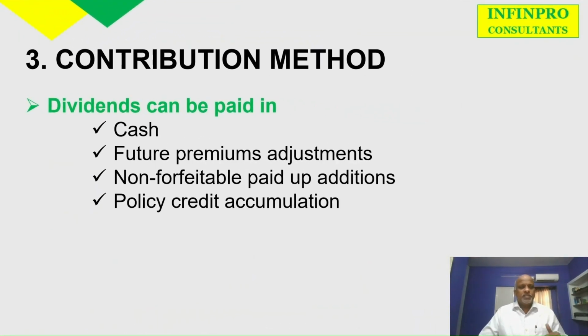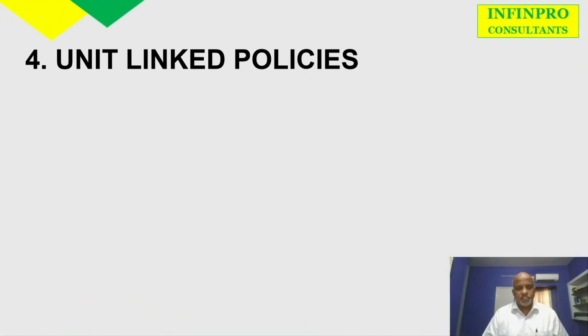So let's understand more on the contribution method. We are moving from bonus to contribution method. Dividends paid to the customer can be in form of cash, it can be adjusted towards future premiums, it can be adjusted towards pending premiums or policy credit accumulation. So these are the four methods used to pay bonus to the customers.